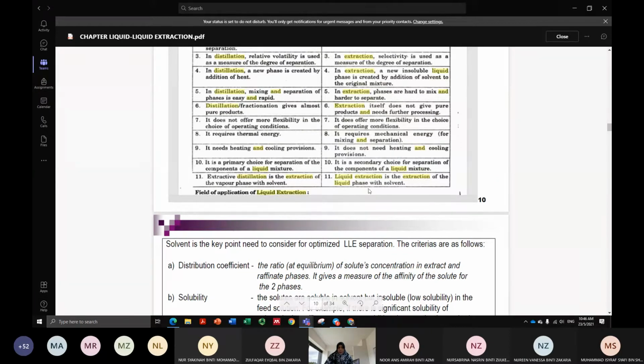For sensitive materials, you need to consider the operating temperature of the separation process, so you might prefer the extraction process for heat sensitive materials.